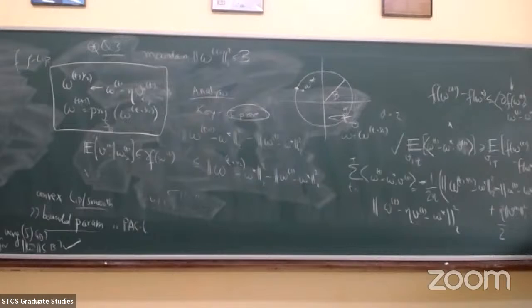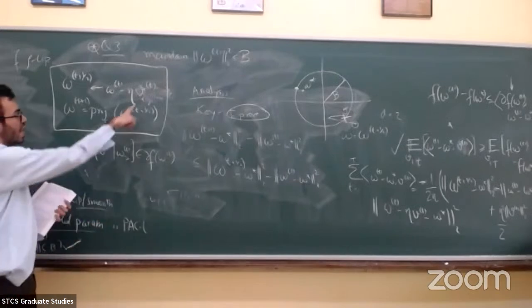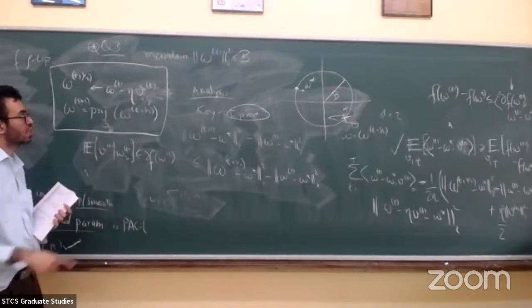It satisfies that the expectation of loss over the distribution of W bar. This expectation here is over my SGD's randomness. Right? In SGD, we sample VT randomly from the distribution.